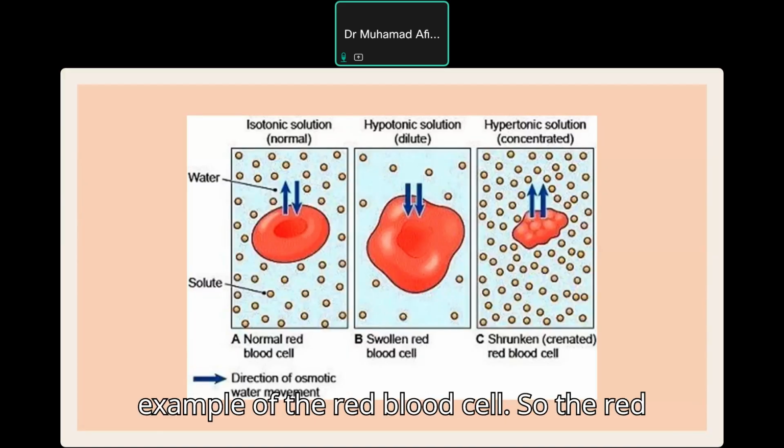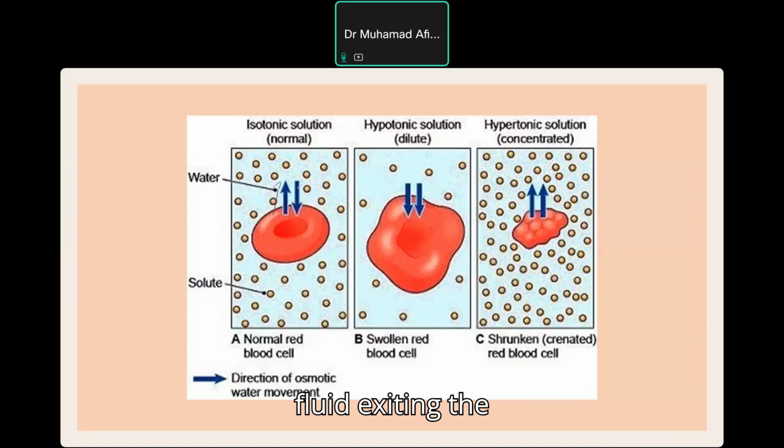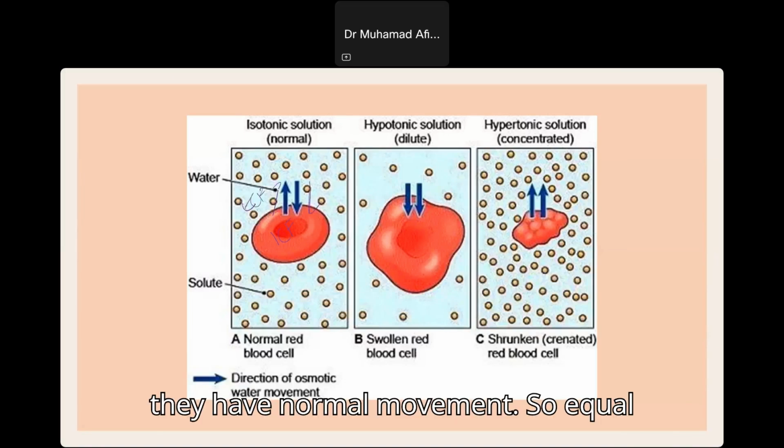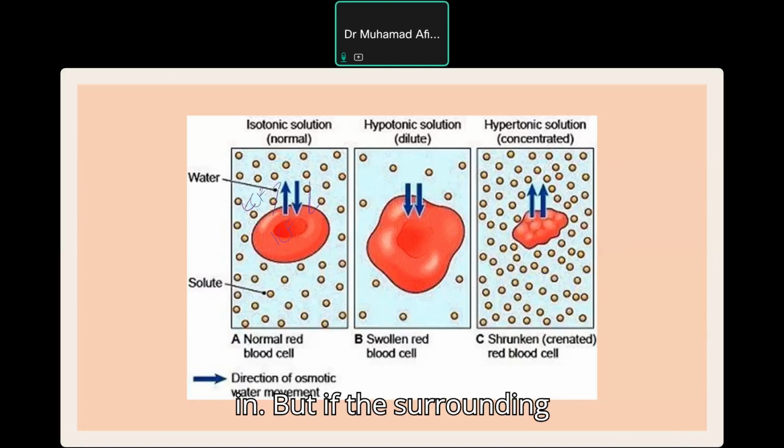When the red blood cell is surrounded by an isotonic solution, the movement of fluid exiting the cell, from ICF to ECF, is normal: equal numbers going out equal numbers going in.